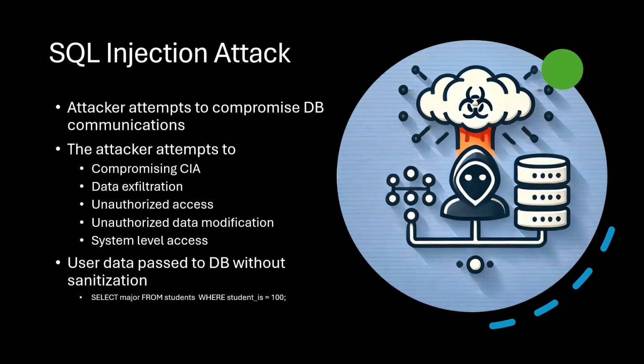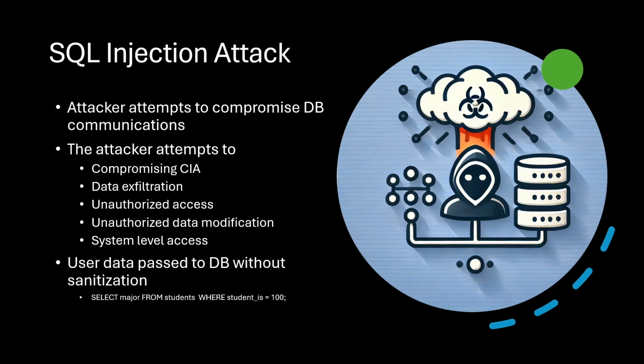Depending on the database configurations, the attacker may even be able to run OS commands and thus gain remote command execution by exploiting this vulnerability. The main trigger for this vulnerability is passing untrusted data, which is the data provided by the user, directly to the database or using it to construct a database query.